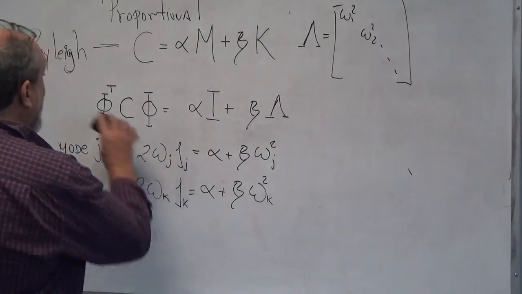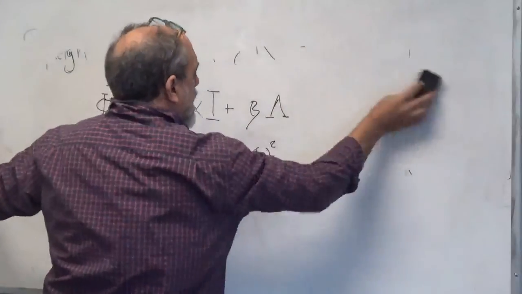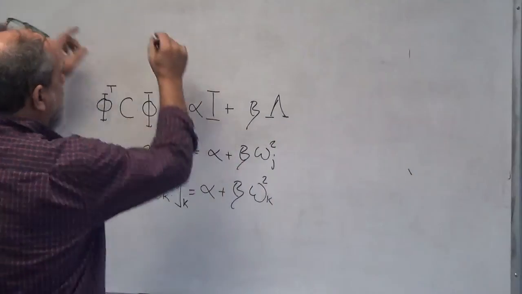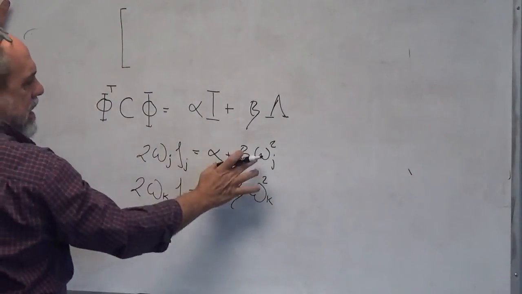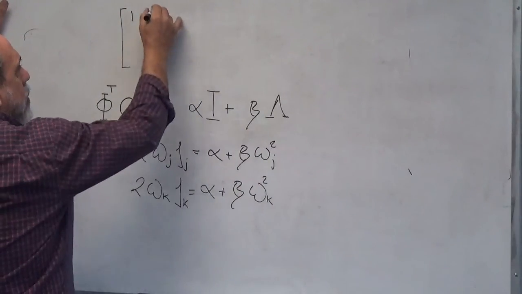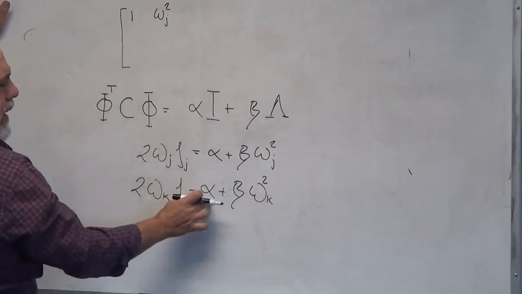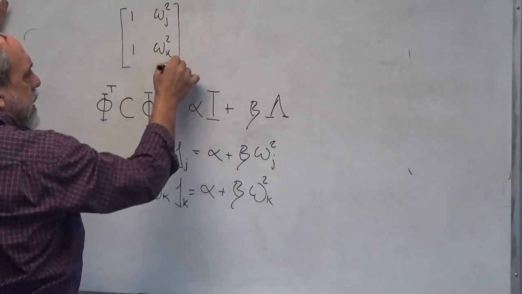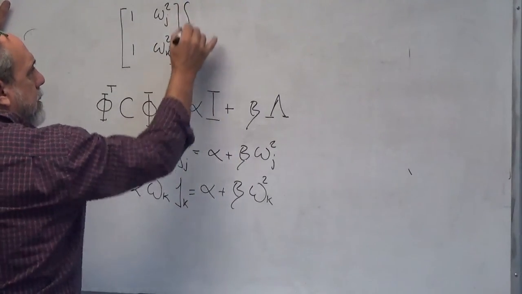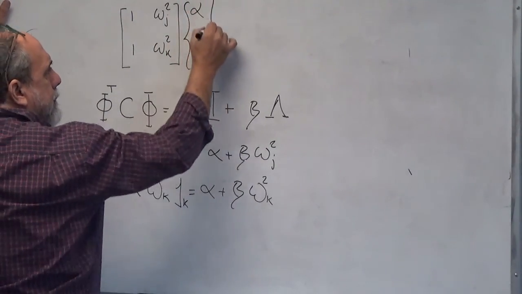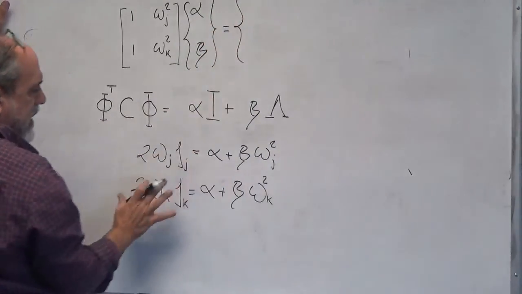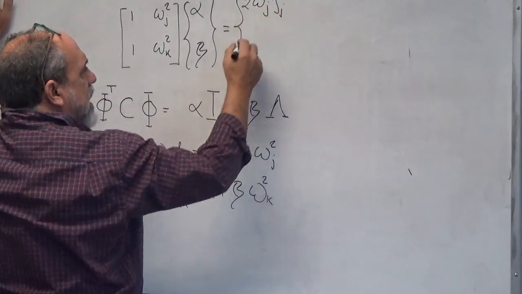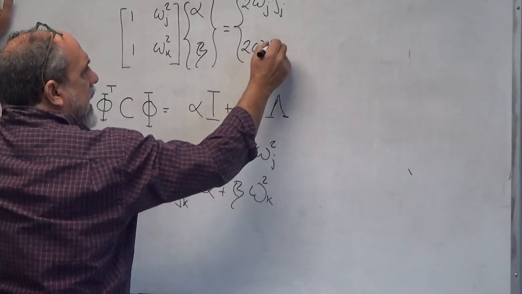And so I can decide to solve these equations like this. I can say that the matrix with rows 1, omega j squared and 1, omega k squared, multiplied times alpha and beta, is equal to whatever I see on this side, which is 2 omega j times the damping j, and the other one is 2 omega k times the damping in k.